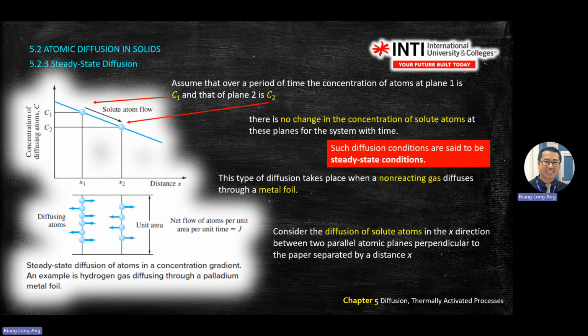So if there's no change of concentration at that plane over time, it means steady state diffusion. This happens when a non-reacting gas diffuses through a metal foil.